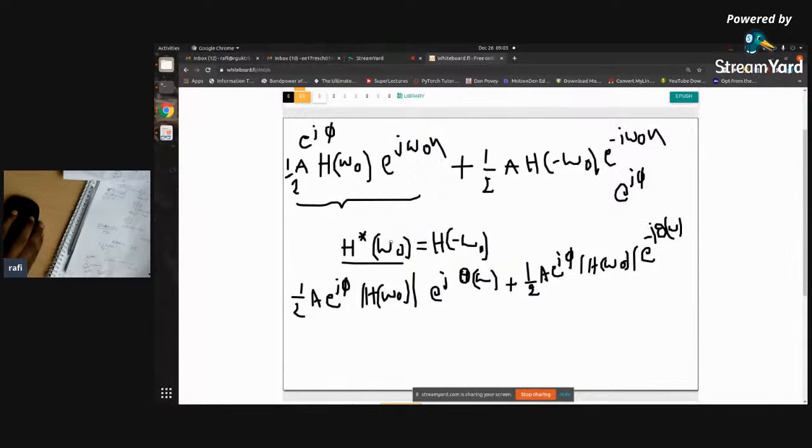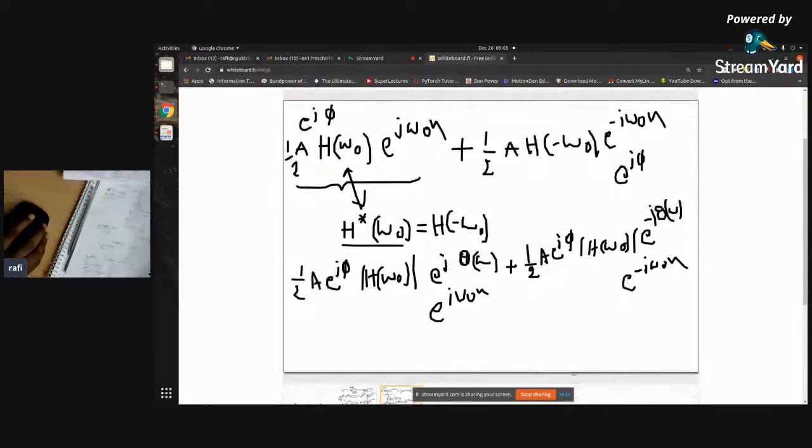Because this h star of omega has the same magnitude as h of omega, but since we have a complex number, only the phase will have the negative sign. e power j theta will become e power minus j theta, because it is a complex signal. I hope you understood that. And this is multiplied by e power j omega naught n here, and e power minus j omega naught n here.